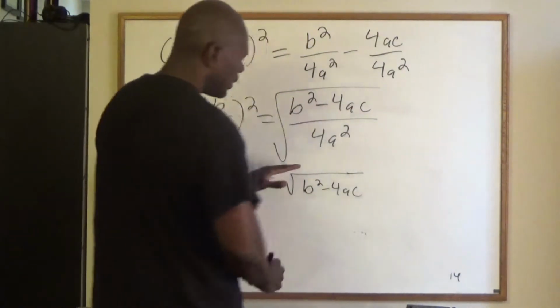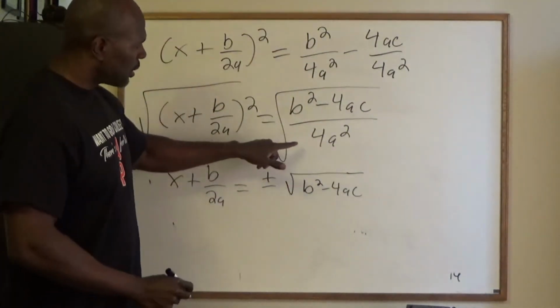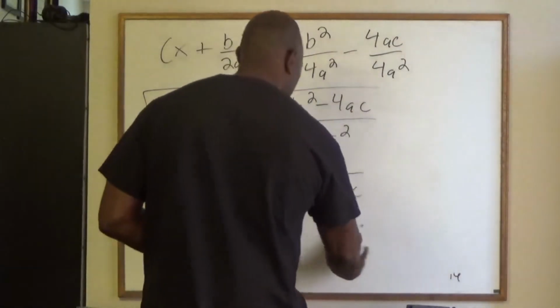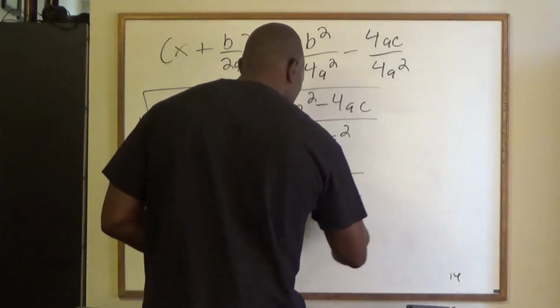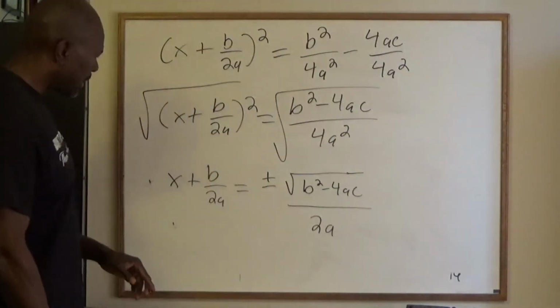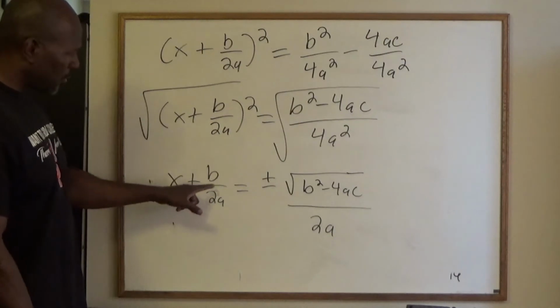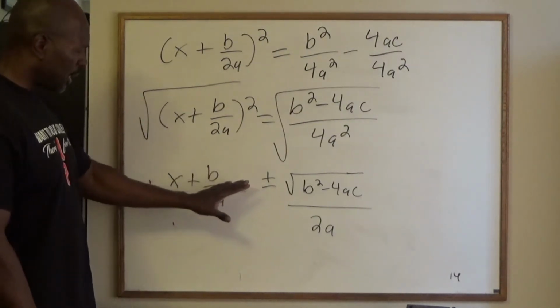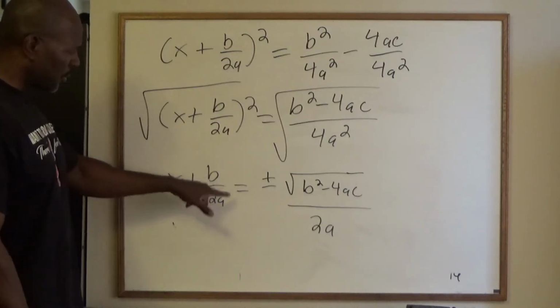The denominator is a perfect square, and so the square root of 4a squared is 2a. So I'm going to go ahead and take that square root. So divided by 2a. And then lastly, I'm going to move this b over 2a to the other side. Its sign is going to change, so it'll become negative b over 2a.